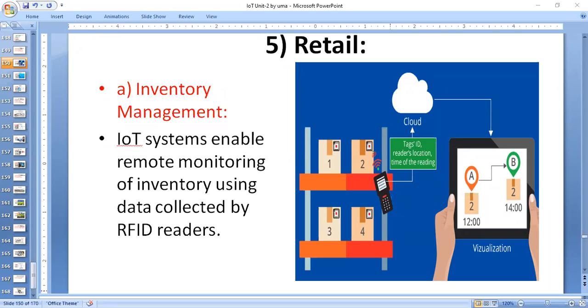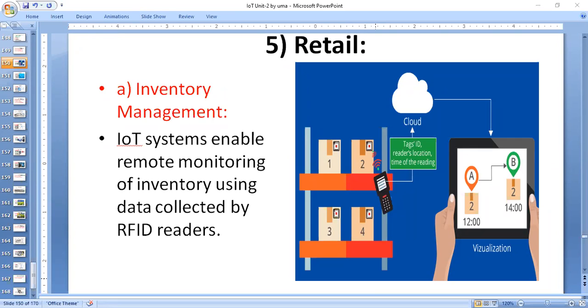In the diagram, you will identify any low stock, and if you have very little stock, that stock is replaced with another. That is the main intention of this inventory management system.